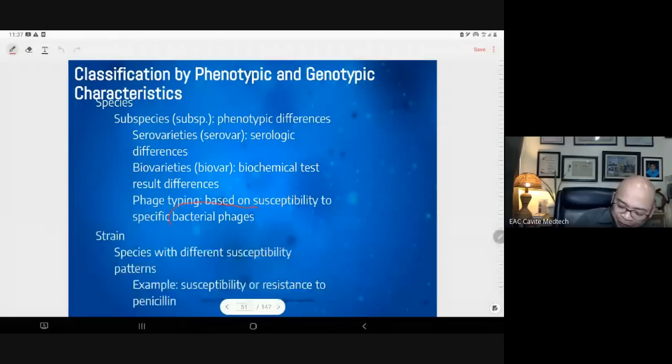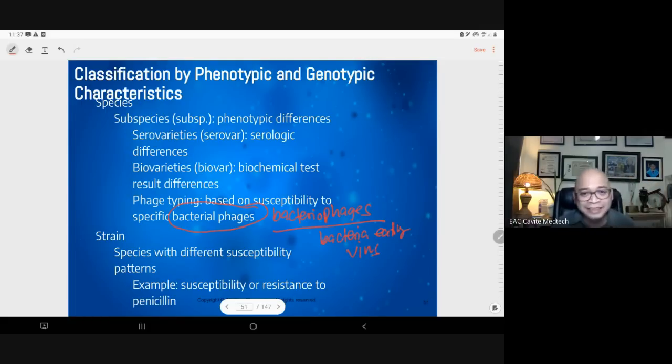What are bacterial phages? Bacterial phages are known as the bacteriophages. And bacteriophages are actually bacteria eating virus. These are viruses that can actually eat bacteria. Imagine that. Okay. Now, some bacteria would even be classified according to strains.